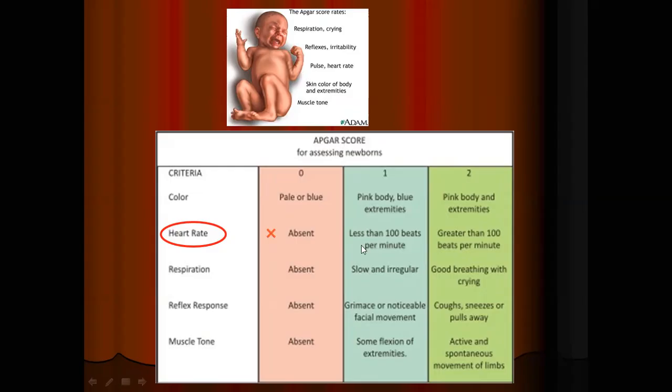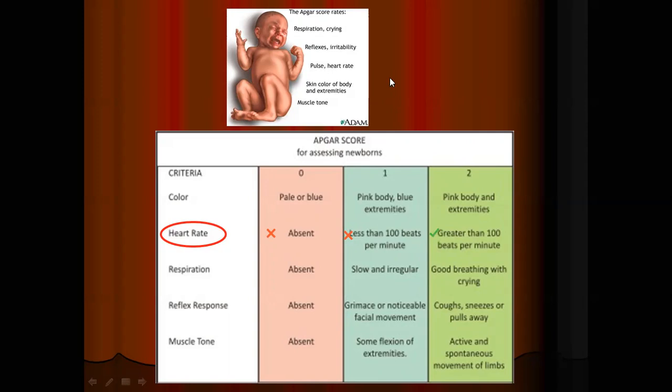If the pulse rate is less than 100, we give 1. If the heart rate is greater than 100, with the normal rate of heart beats being 120 to 140, which indicates the child has a normal pulse rate, we give the score as 2.